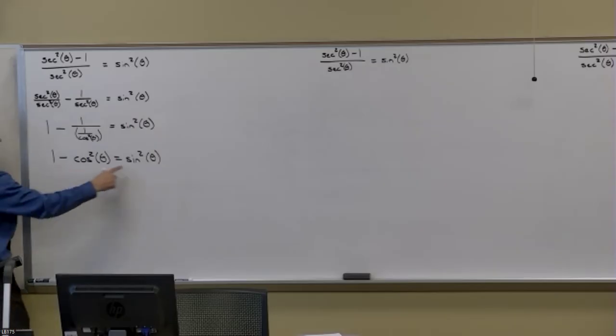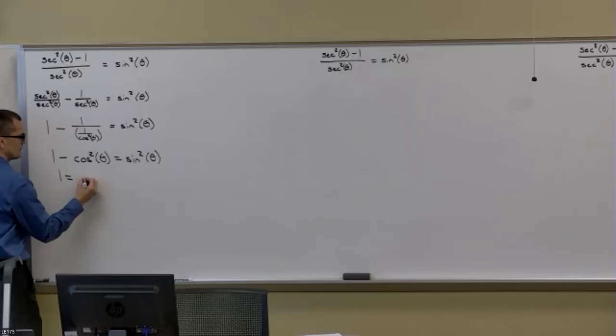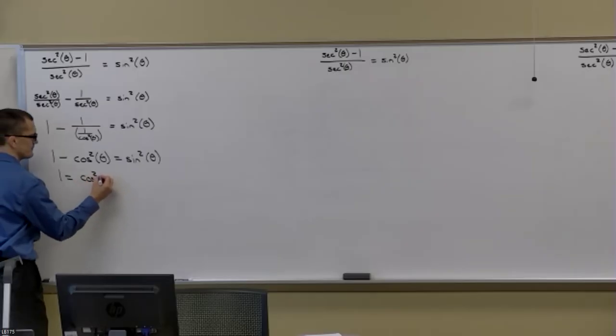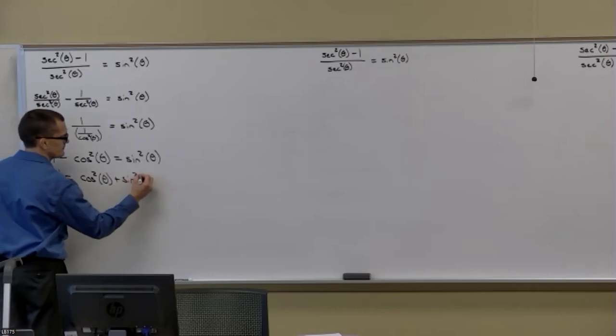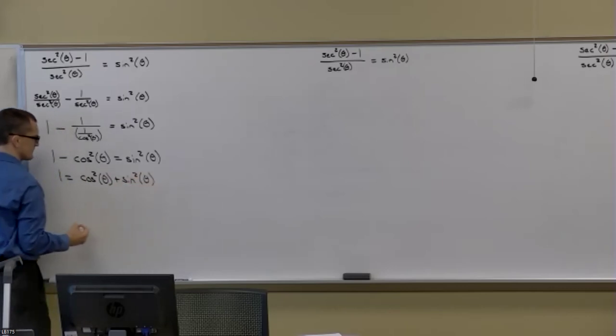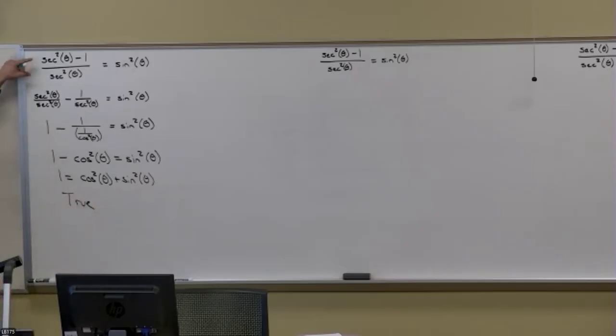You can add cosine squared to both sides if you wanted to. And so that's true by the Pythagorean identity right there. So if you divided each piece by secant squared to start with, you'd be good to go. That'd be fine.